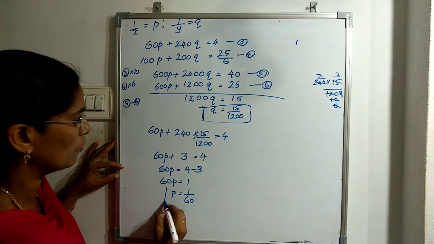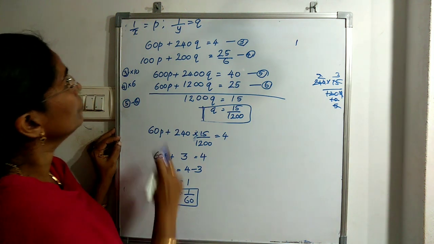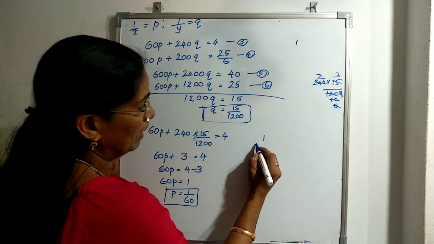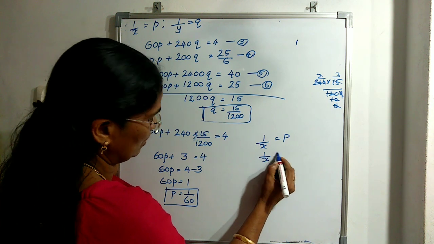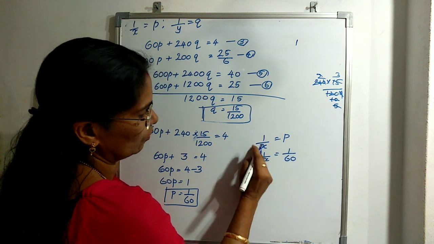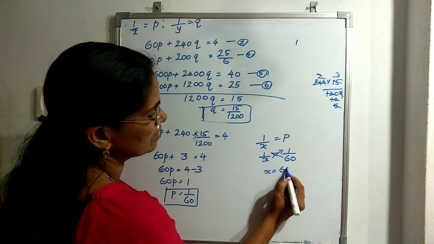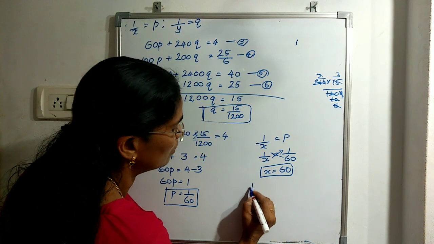So we got the values of p and q. Now we have to find the value of x and y. What is x? 1 by x is equal to p, or 1 by x is equal to 1 by 60. Cross multiply. We will get x is equal to 60. And 1 by y is equal to q.